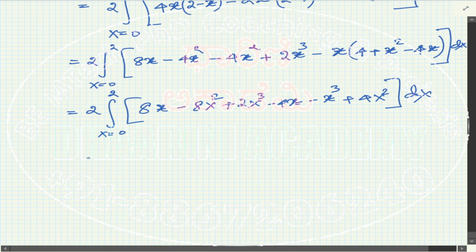Okay, so this results in 2 times integral 0 to 2. Let's write the terms containing x.